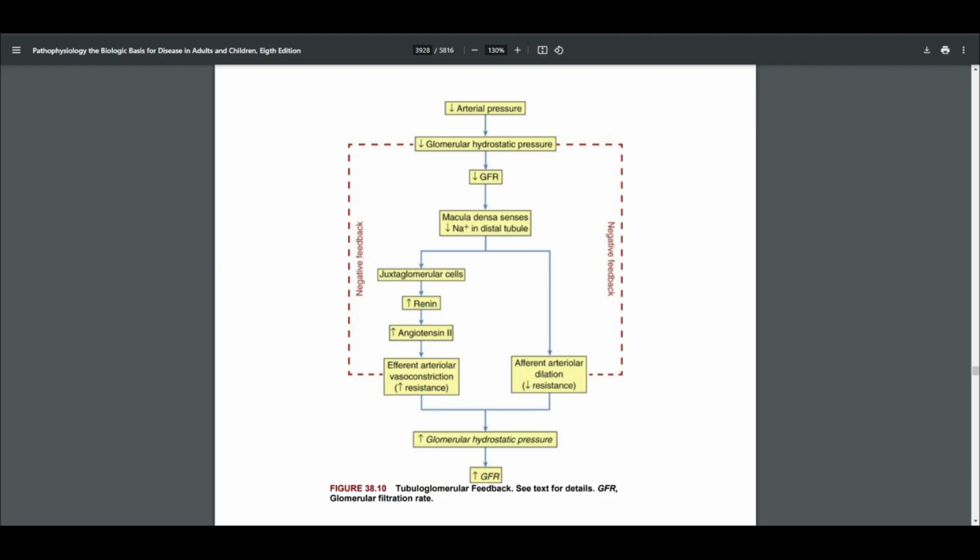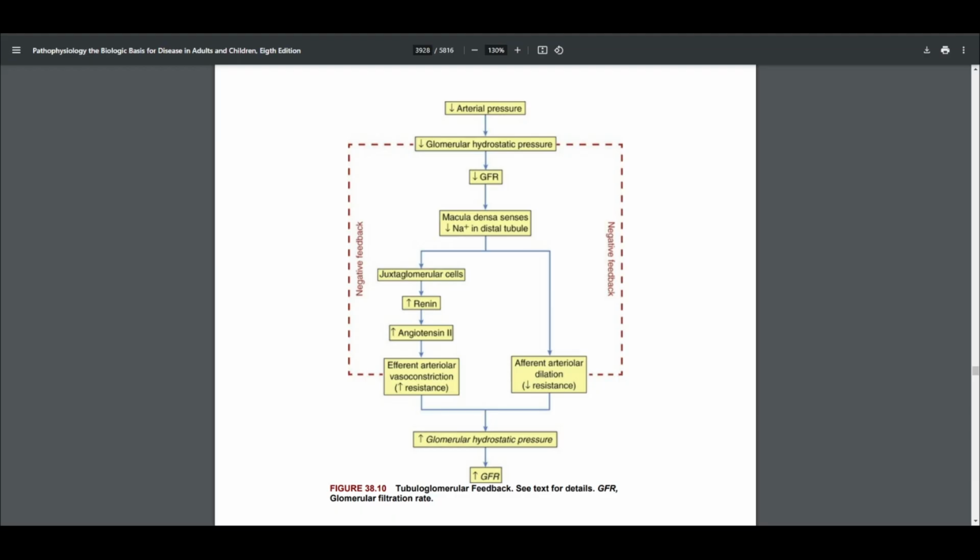So here you take a look at the tubuloglomerular feedback system. If you have a decrease in arterial pressure, there's a decrease in the glomerular hydrostatic pressure, which means there's a decrease in GFR. The macula densa senses that decrease in sodium in the distal tubules, and thereby does two things.